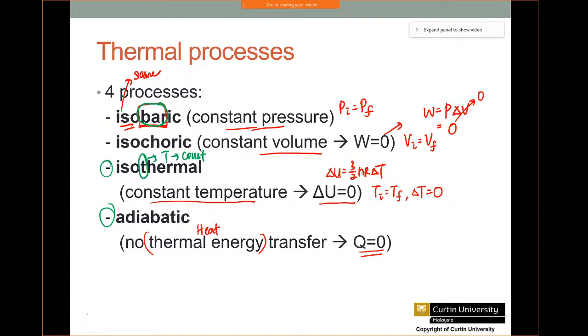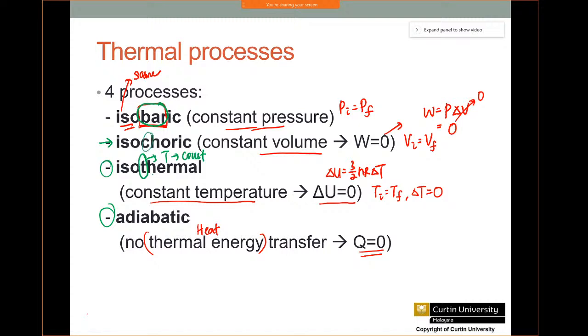And for isochoric, this doesn't relate with the volume. However, this was invented by a previous semester student. They said, miss, we have isobaric, isothermal, and the third iso is isoclever. C stands for isoclever.